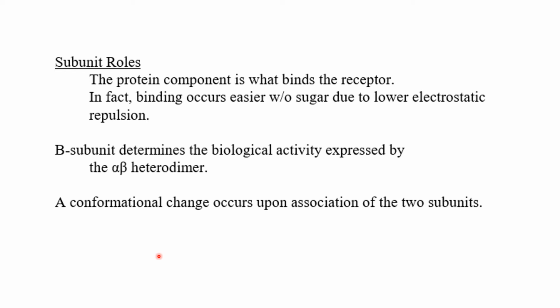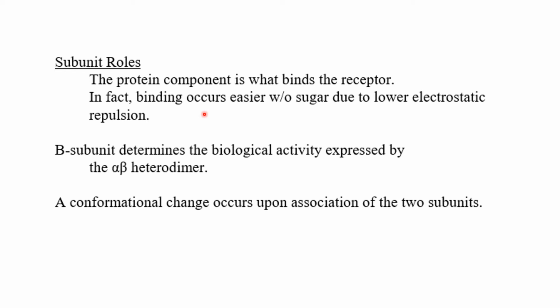Okay, in fact, binding is even better and occurs easier if the sugars are removed, because the sugars create a little electrostatic repulsion of the hormone from the receptor. But if you take the sugars off of LH or the sugars off of FSH, they will not affect the target cells. Okay?